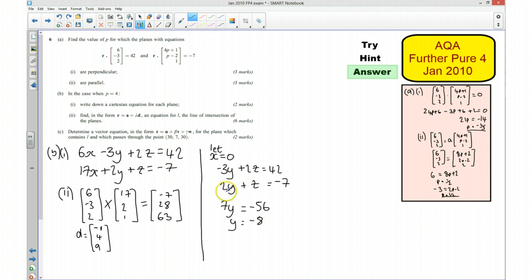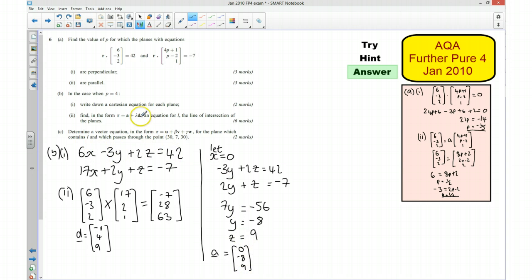Now I know what y is, I can substitute that into here. So that's negative 16 plus z is equal to negative 7, which means z must be equal to 9. So my a is going to be equal to 0, which is what I chose x to be, negative 8 and 9.